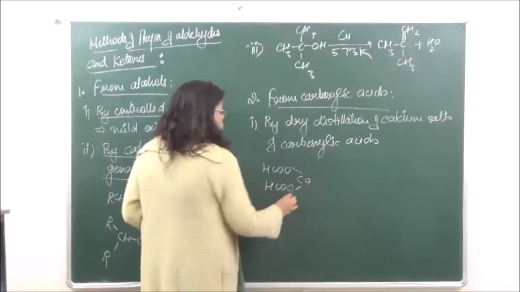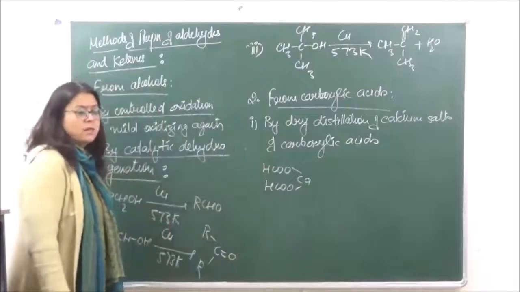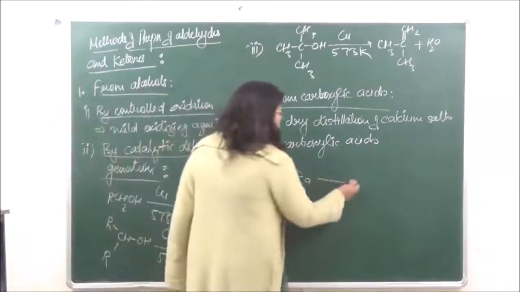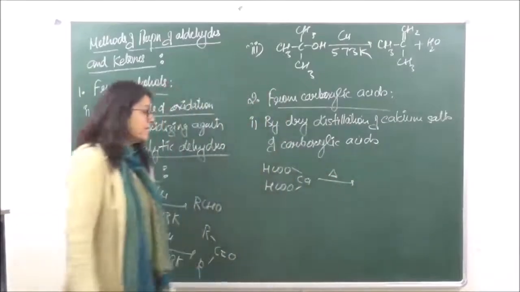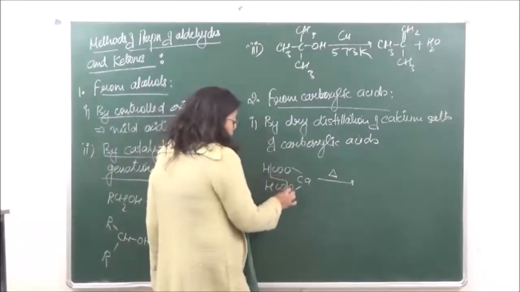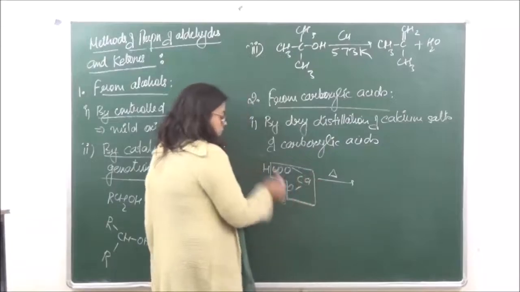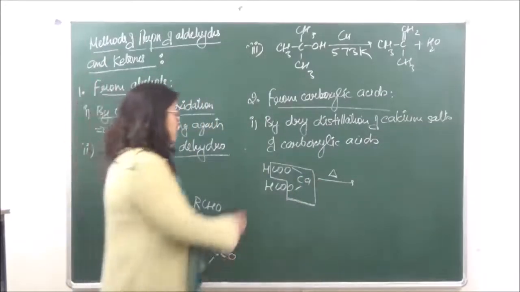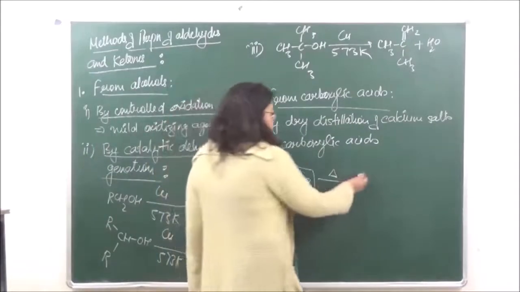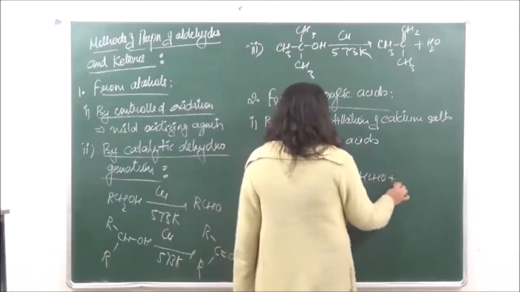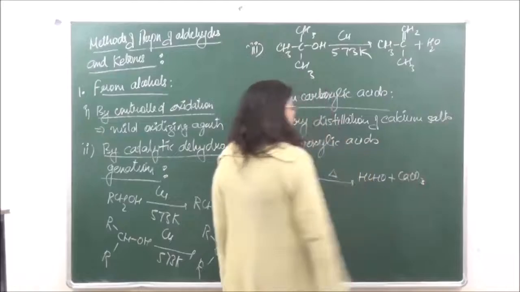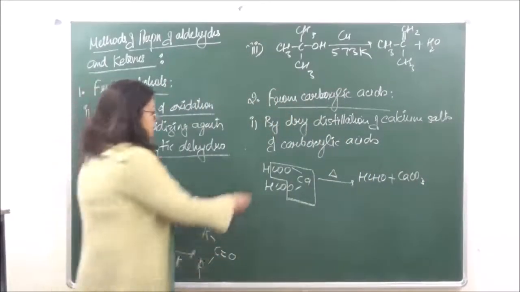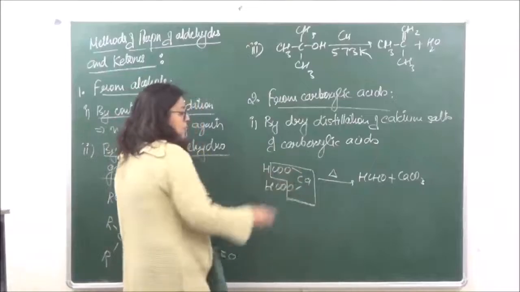Now this reaction is going to follow the decarboxylation path, which means that a molecule of carbon dioxide is going to be removed in the form of carbonate. So if we are heating this, what are we going to get over here? This calcium carbonate is going to be eliminated. So we are left with HCHO plus calcium carbonate. Okay? We have HCHO plus calcium carbonate.